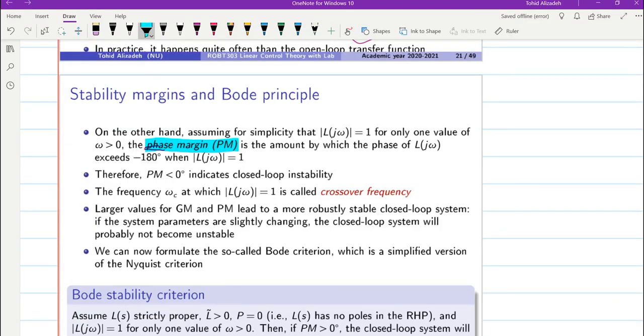The phase margin will be the amount by which the phase of L of j omega exceeds -180 degrees when the amplitude is equal to 1. If phase margin is smaller than 0 degrees, it means that the closed loop system is unstable. If phase margin is bigger than 0, it means that the closed loop system is stable. We can see it over here.